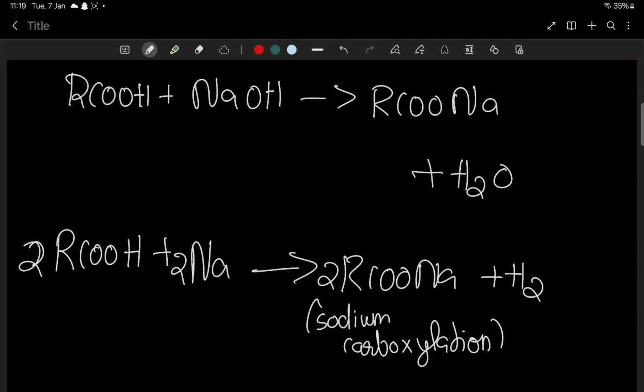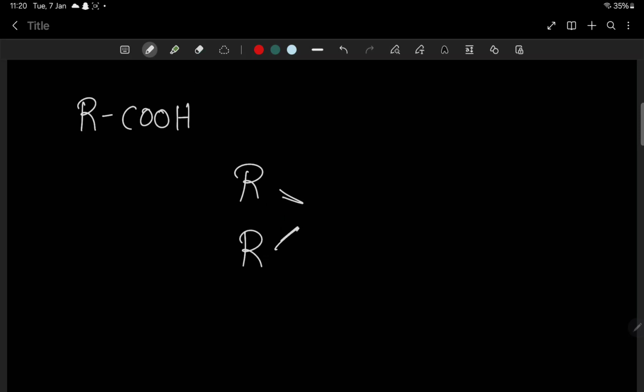Now many things are written about acid character, but it is a time loss. I'll just explain. Look, you are having RCOOH, and you are having RClCOOH, which is more acidic.